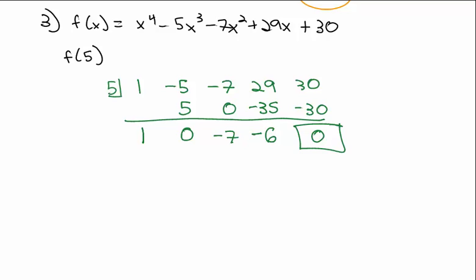However, this is interesting, and I want to pause here and look at this. F of 5 is 0. That means when x is equal to 5, we have a y value of 0, or an x-intercept.